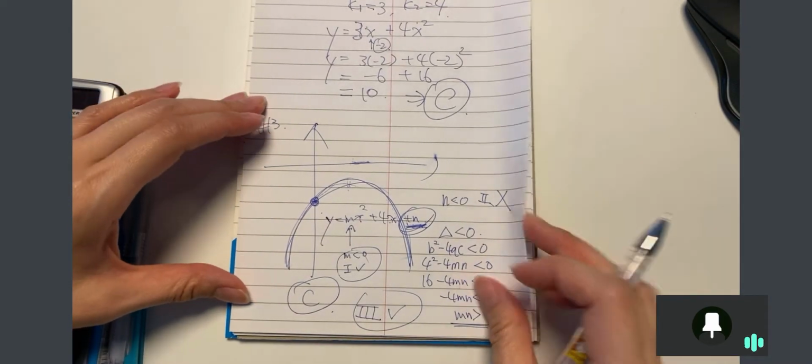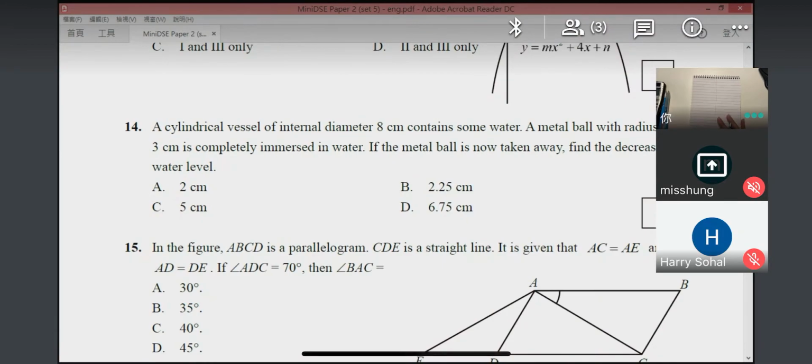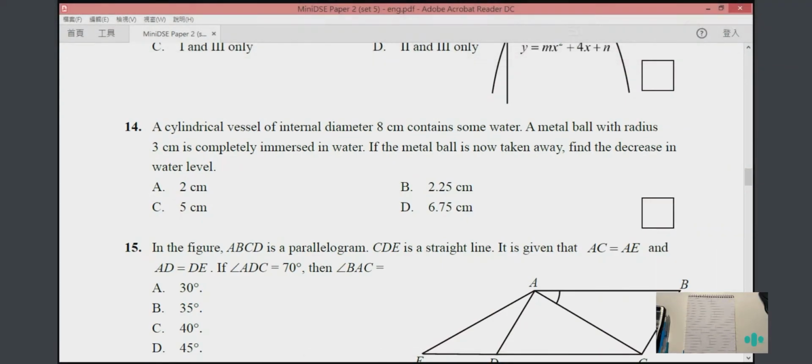Okay, number 14. It has a cylindrical vessel of an internal diameter 8 cm containing some water. So you better draw it out.